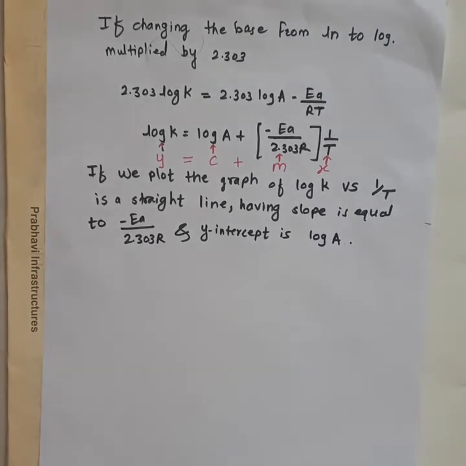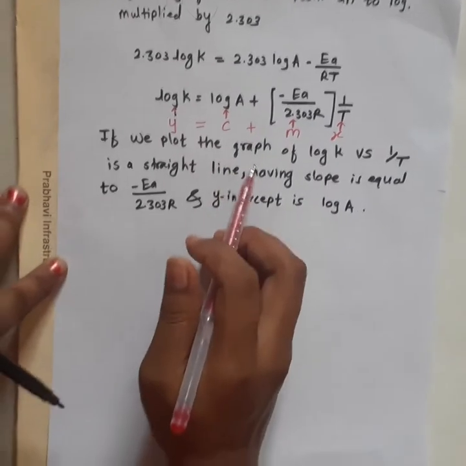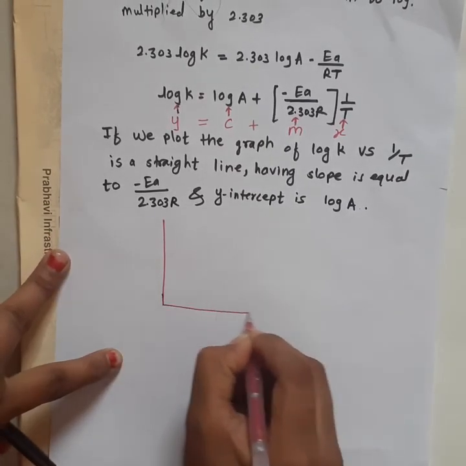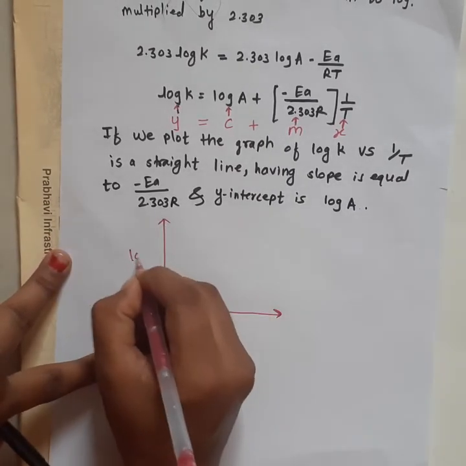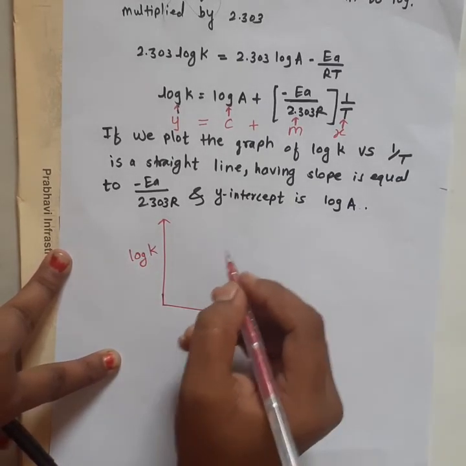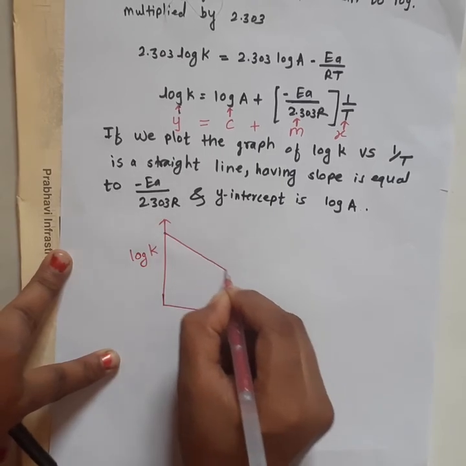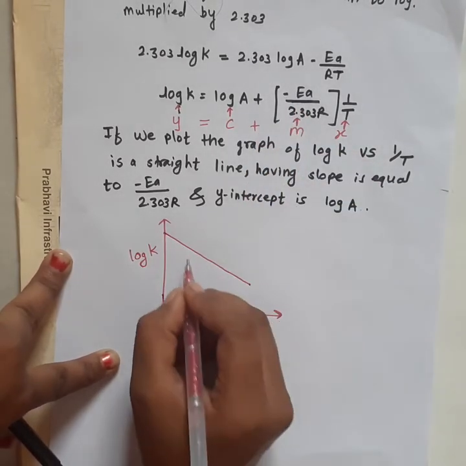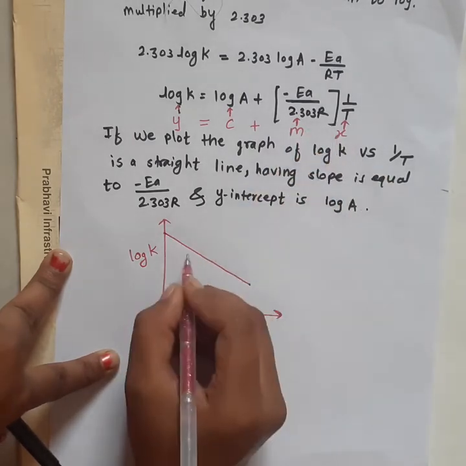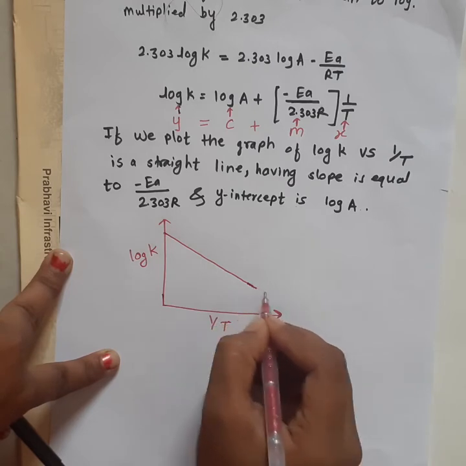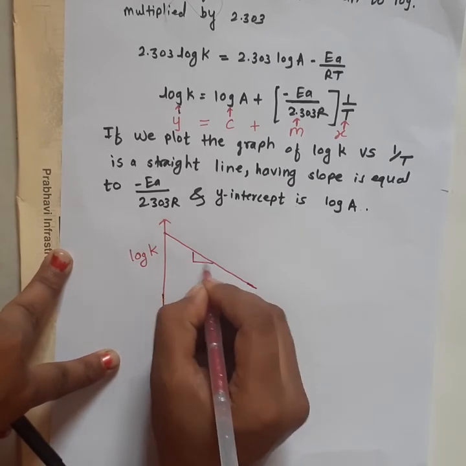So how can we draw the graph? The graph of log k versus 1 upon T is plotted. We get a straight line with negative slope, because the slope is minus Ea upon 2.303 R. Therefore we have drawn a line in the negative direction.